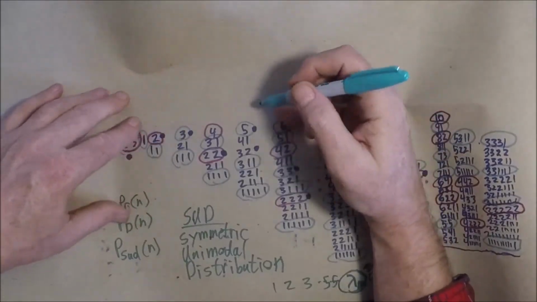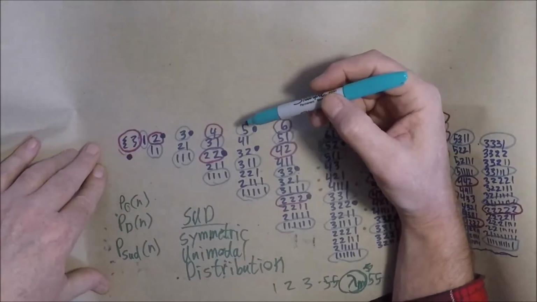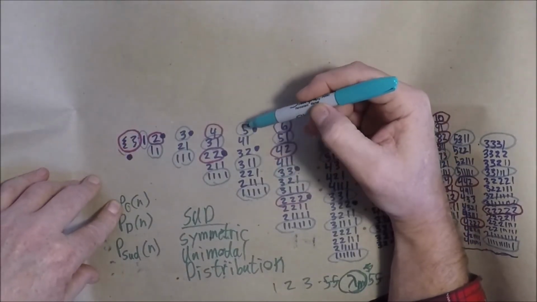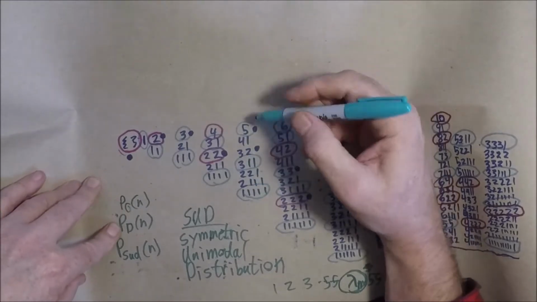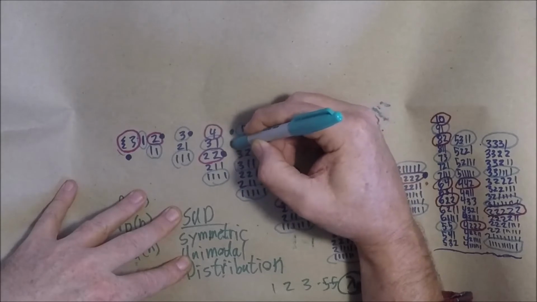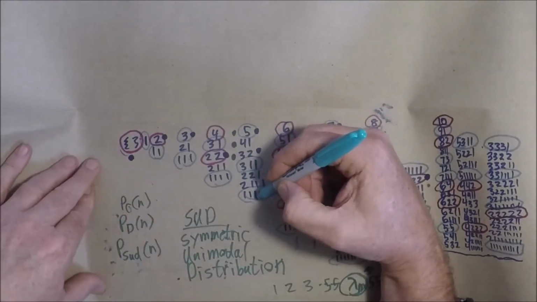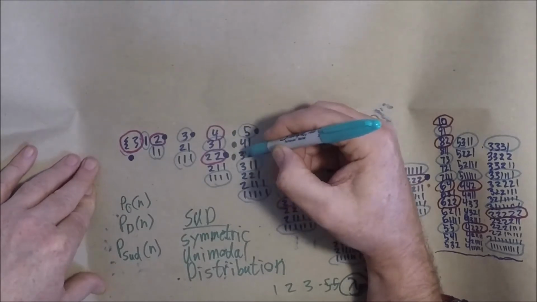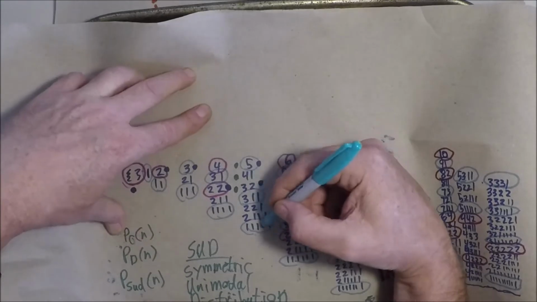To see this, let's look at 5. Our odd parts we've already done: 1, 2, 3. Our distinct parts: 5, 4 1, 3 2, and then that's it. So 1, 2, 3 odd parts, 1, 2, 3 distinct parts. So where are our unimodal distributions?